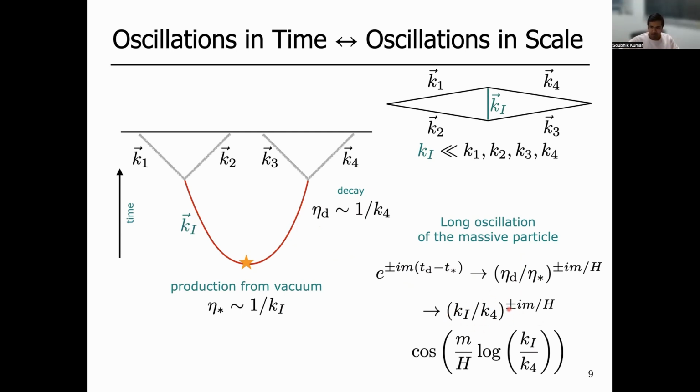And if you write it in a more legible form, you basically would guess that there is a cosine dependence of this 4-point function, where you have the cosine of the log of ki over k4, and the frequency of the oscillation is given by the mass of the heavy particle.